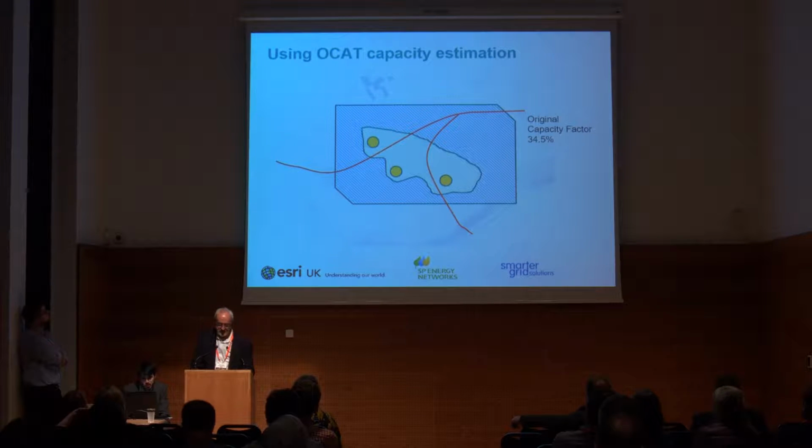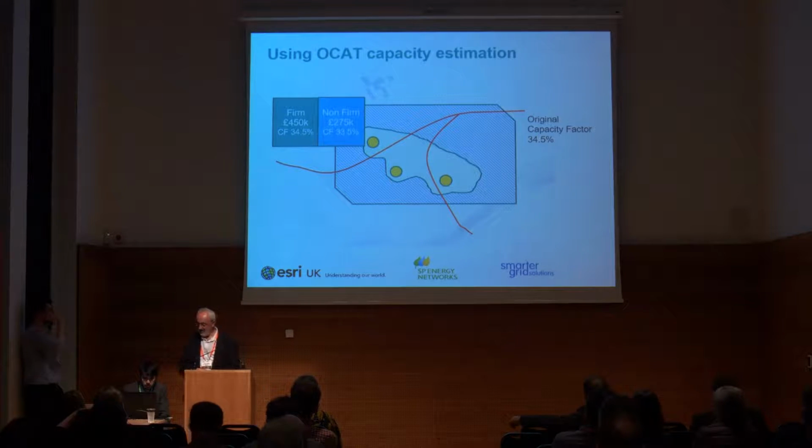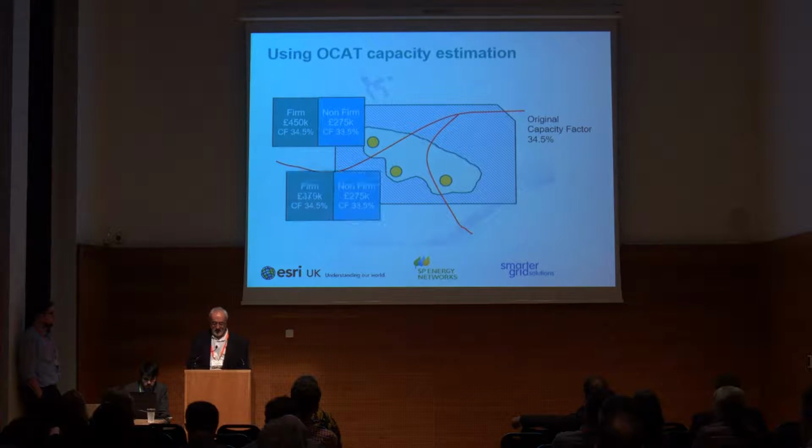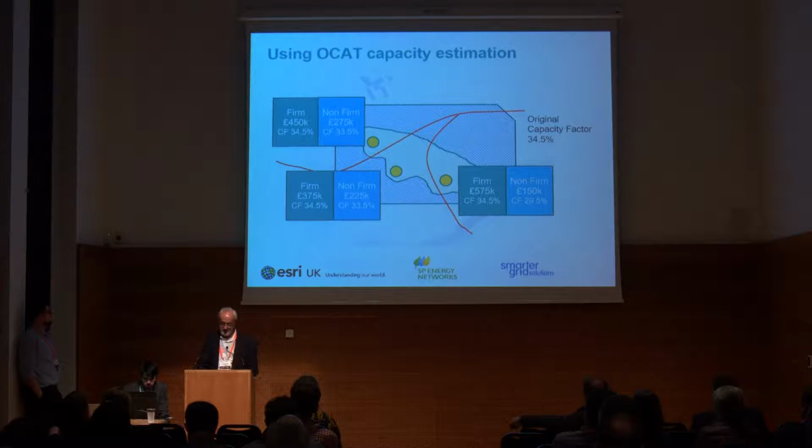So, using OCAT capacity estimation, you suddenly see for these same 3 points that we previously looked at, we now come up with 2 different costs. Firm, as previously said, was a connection where we take no intervention, and that is the traditional connection, as you would see at the moment in time.